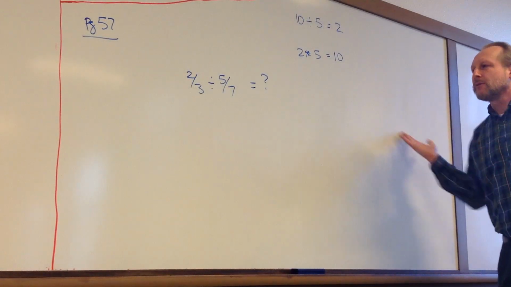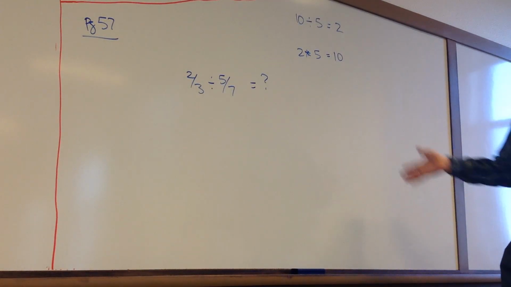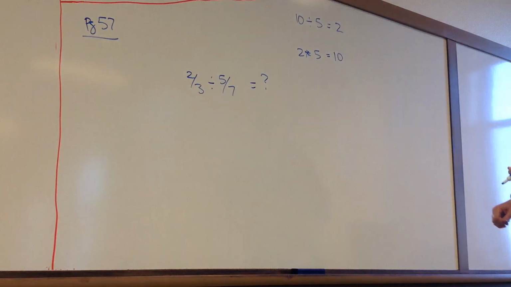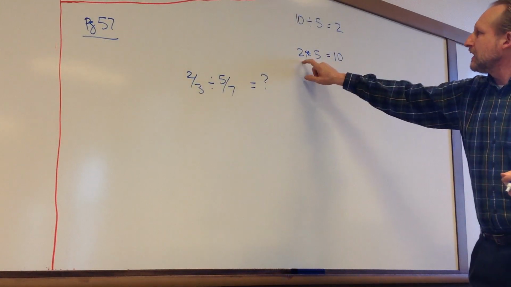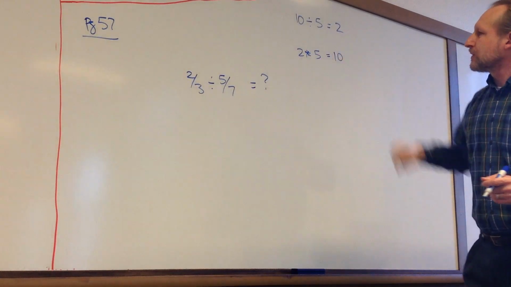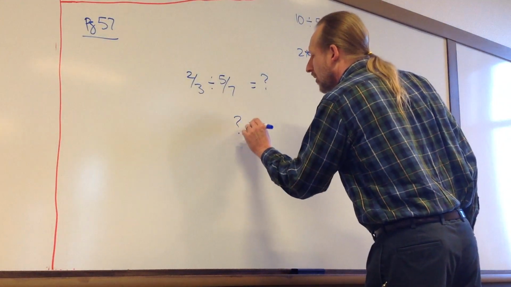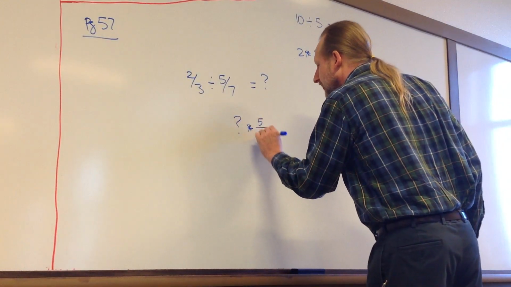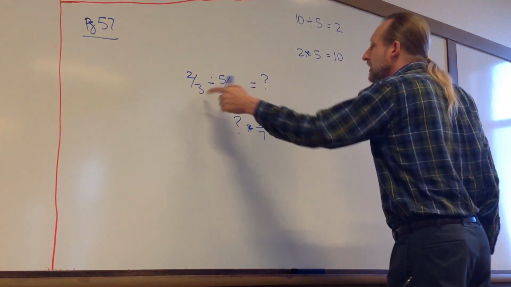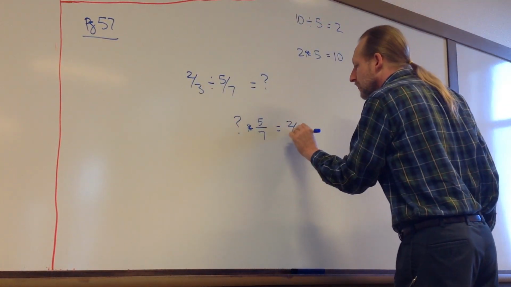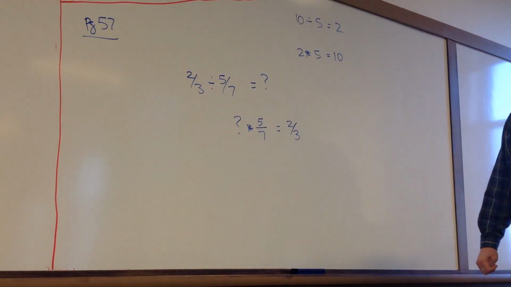We solved the problem already. We know that it's 14/15, but let's pretend that we don't know that. Okay. Well, whatever this number is, when we multiply it by what we were dividing by, 5/7, that should be equal to 2/3, what we were dividing into, right?